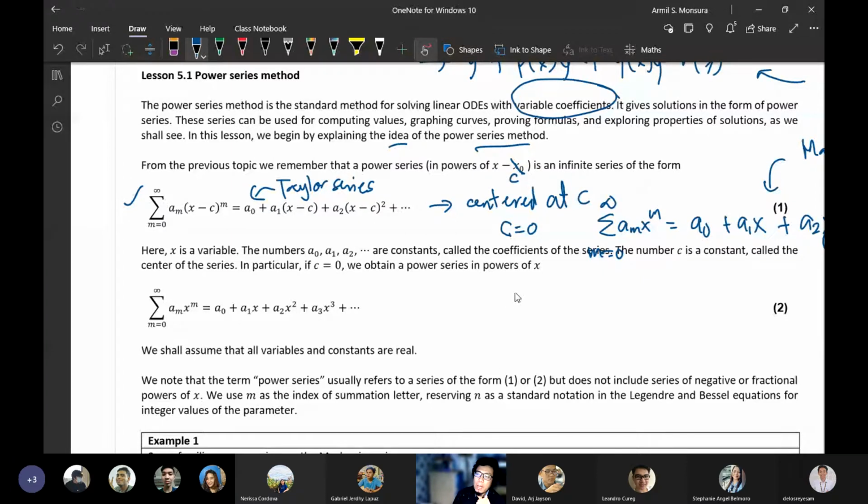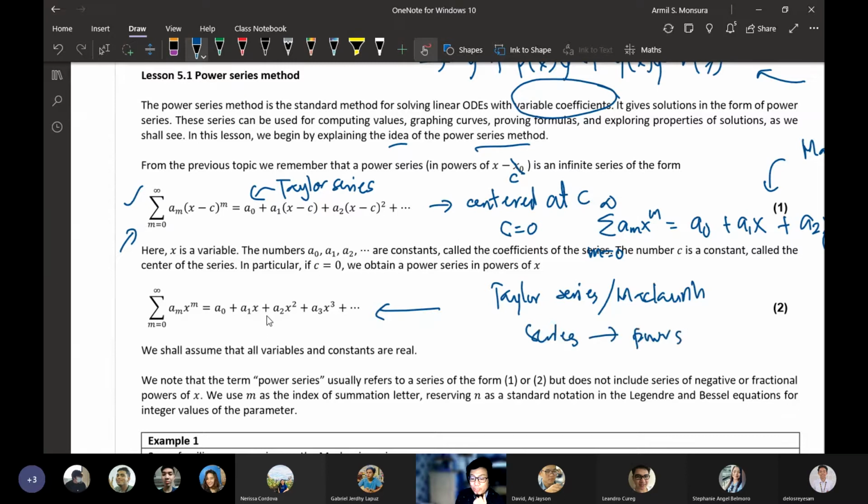Okay, so ito one is a Taylor series. Ito yung sinasabi kong when C is equal to 0. Okay? So when C is equal to 0, your series looks like this. Still, this is a power series. Take note lang that Taylor series at saka Maclaurin series are basically power series.